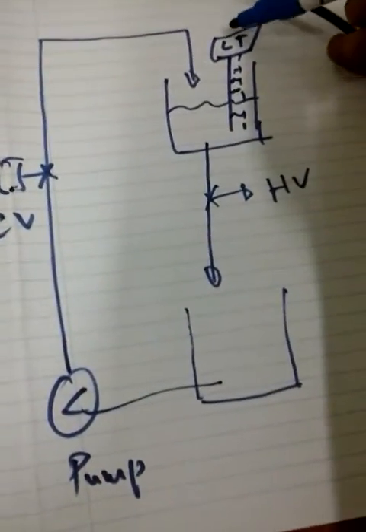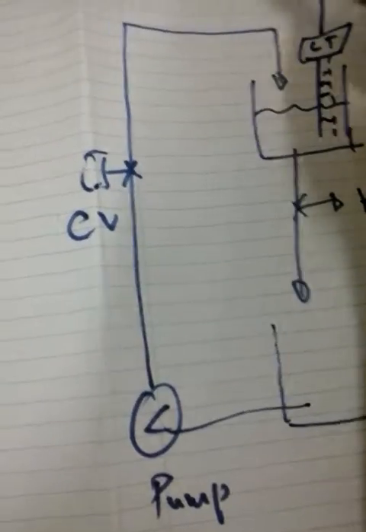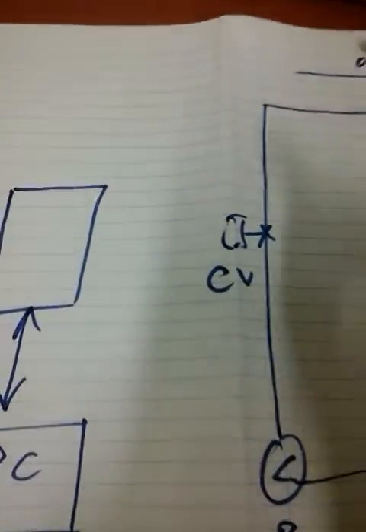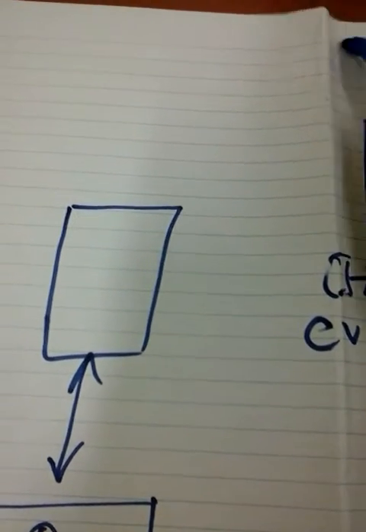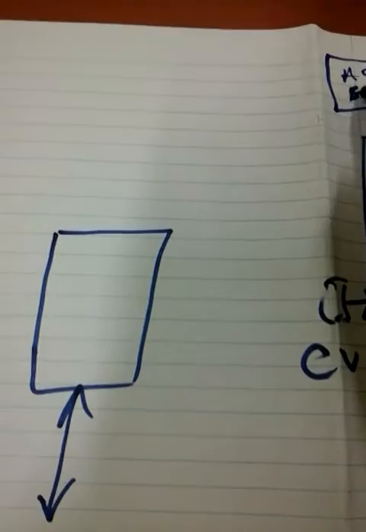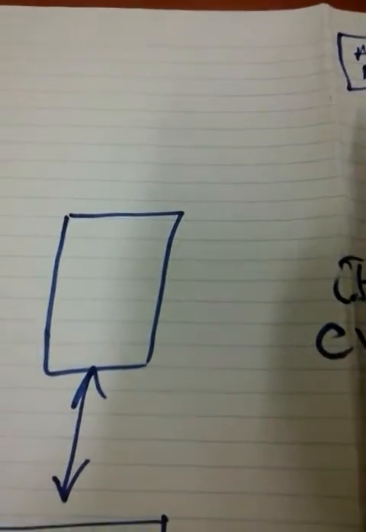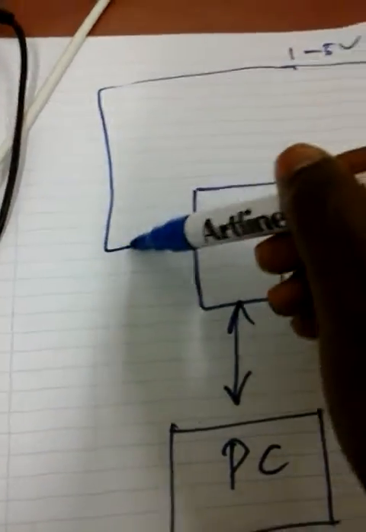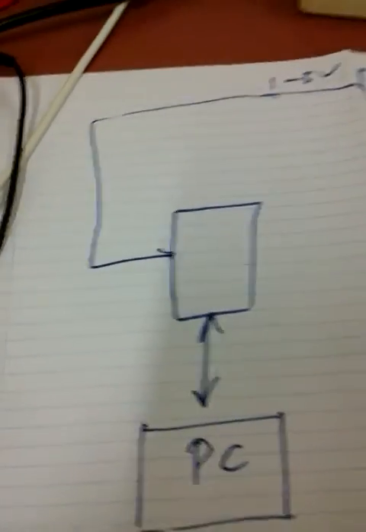In that case, this signal is a small signal, I think it was 0 to 2 millivolts. It's very small, so we're using an AC bridge to convert it to give us an output from 1 to 5 volts. This now becomes the input to the controller, to the Arduino.